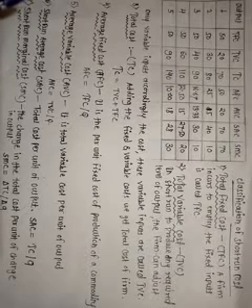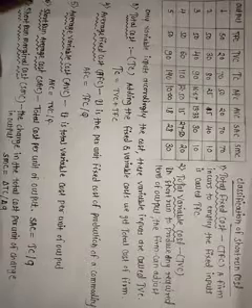Means in order to increase the production of the output, the firm must employ more of the variable inputs. Then what is the result? Here the total variable cost and total cost will increase, therefore output also increases.